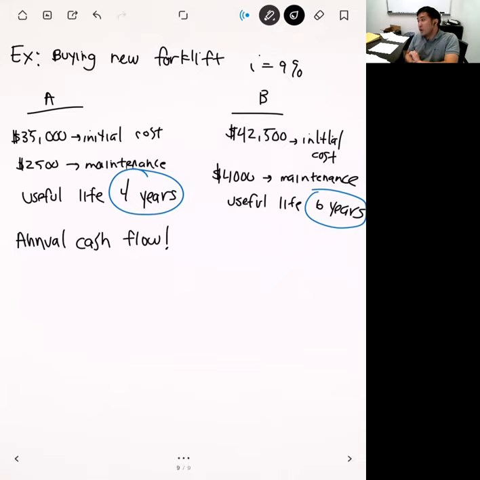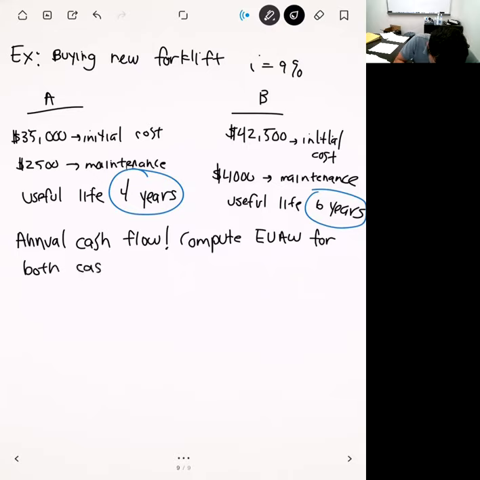Because of that, let's go ahead and compute the equivalent uniform annual worth. All right, so let's compute the EUAW for option A.